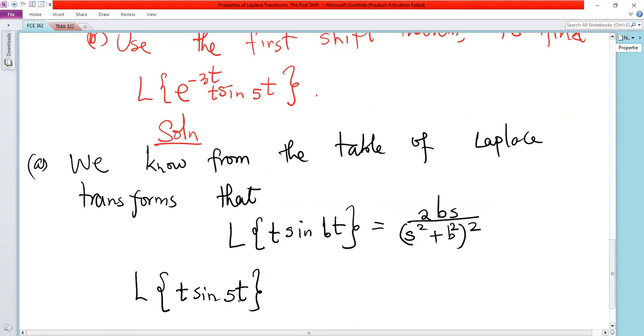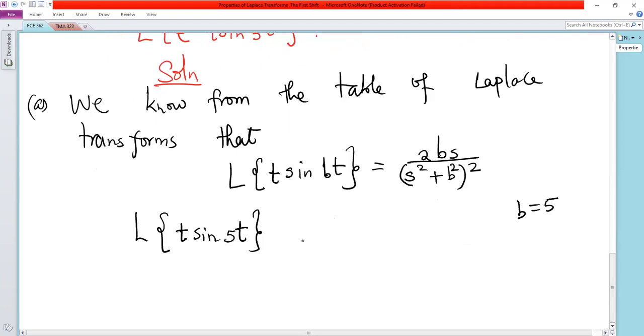In this case, we see that b is 5. So the result will be 2 times 5, which is our b, s divided by s squared plus 5 squared, and then squared.